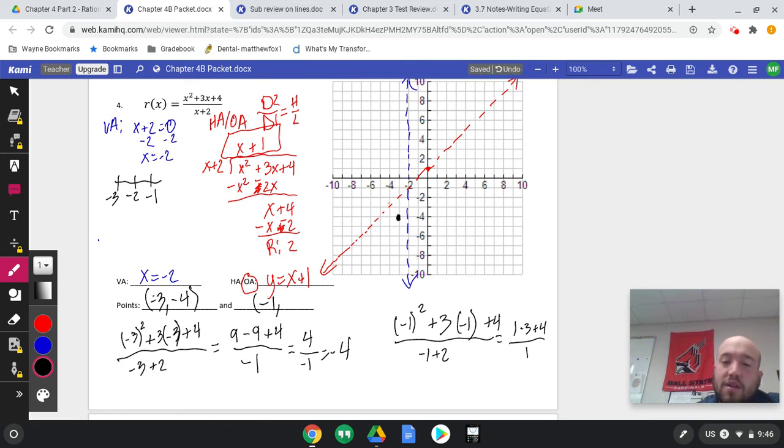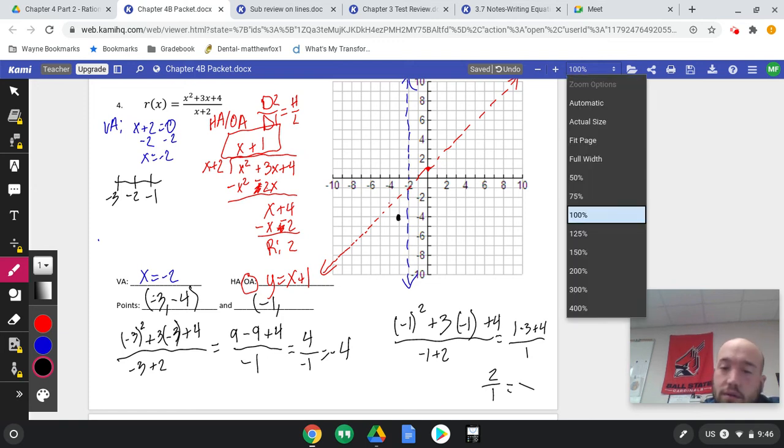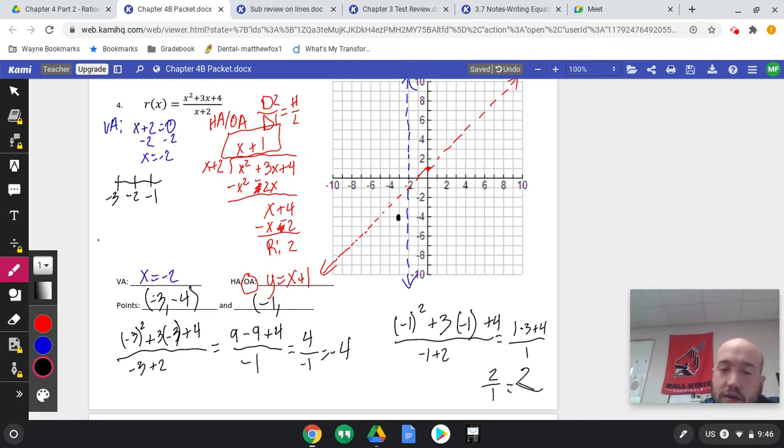We combine the top, 1 minus 3 plus 4, that will give us 2 over 1, which equals 2. So -1, 2 is our other point.